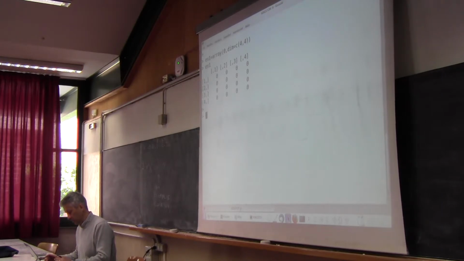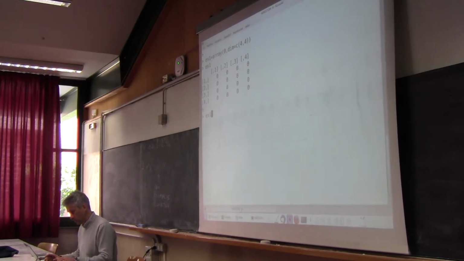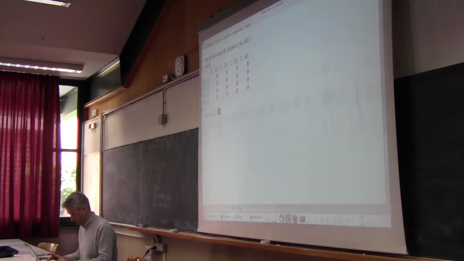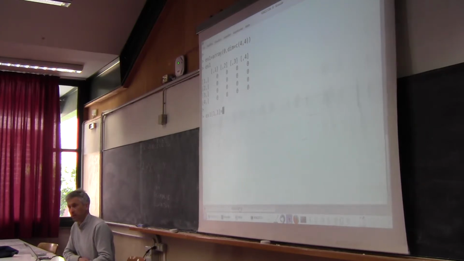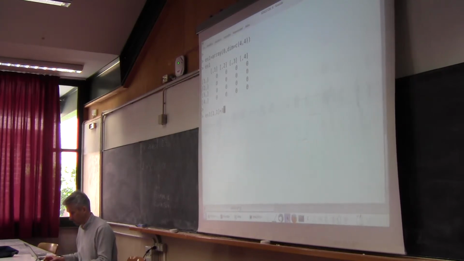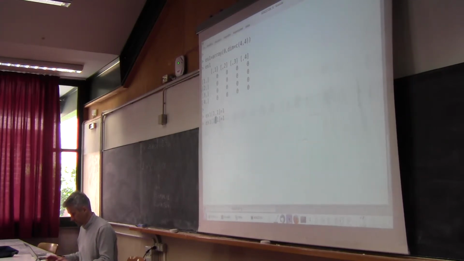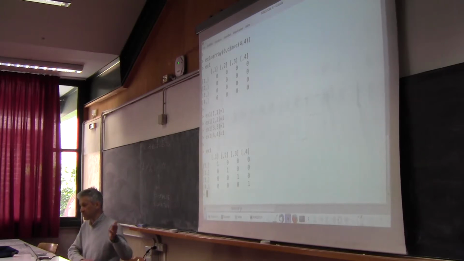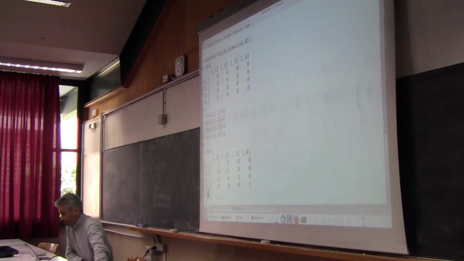We just have to manually include them. First of all, I put the diagonal. So 1,1 is 1, 2,2 is 1, 3,3 is 1, and 4,4 is 1. And now, if I visualize it, I find the ones in the diagonal. Fine.